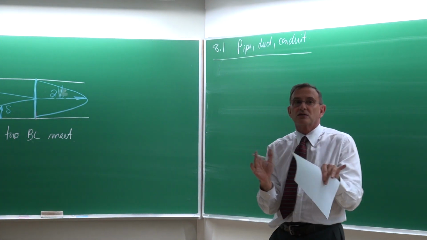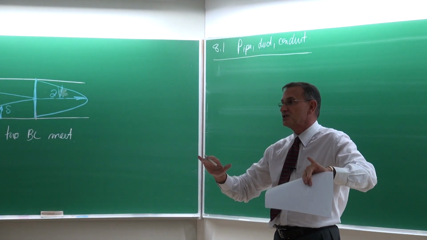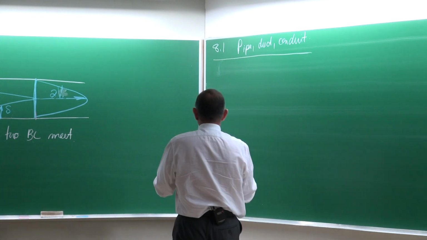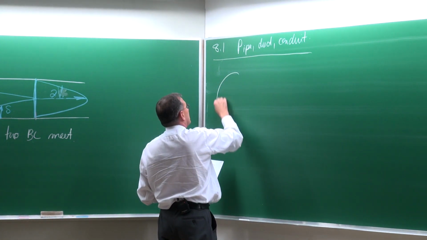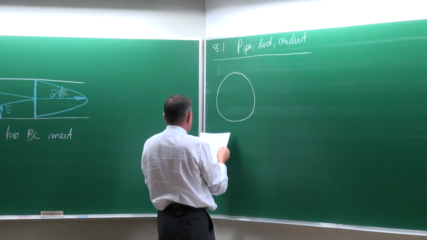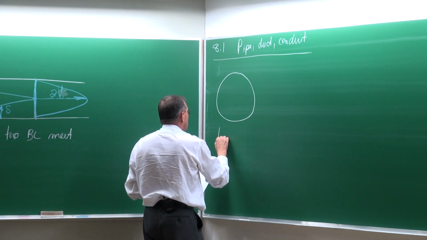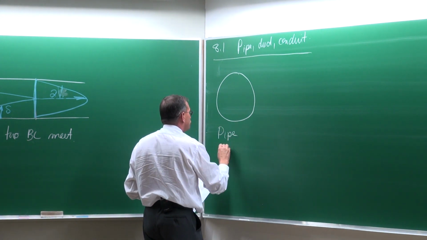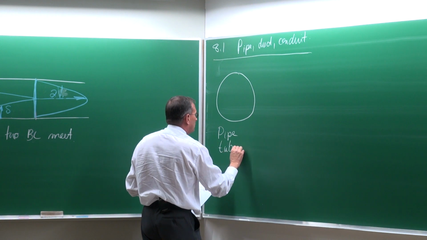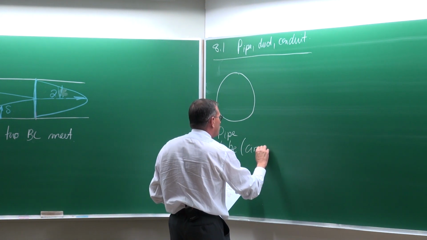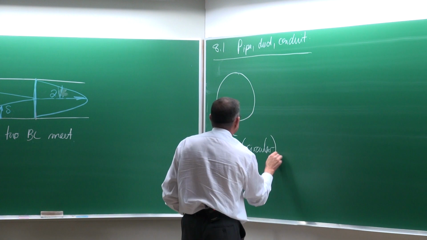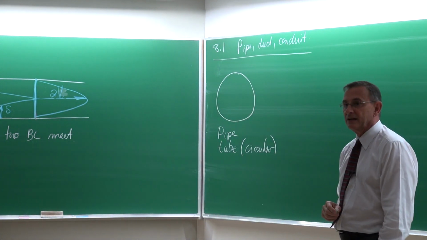And we need to just make sure that we all use the same terminology when we use different types of geometries. So for a geometry like this, that would be known either as a pipe or a tube, or then more correct, a circular tube, if you've got something like that.